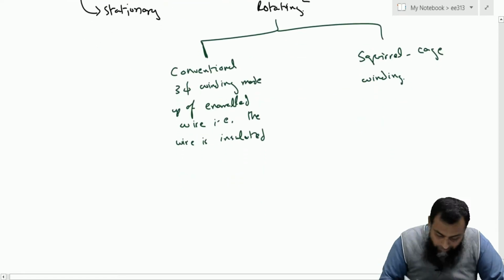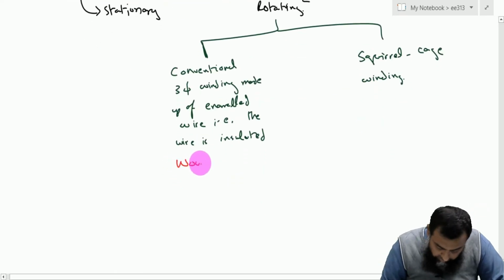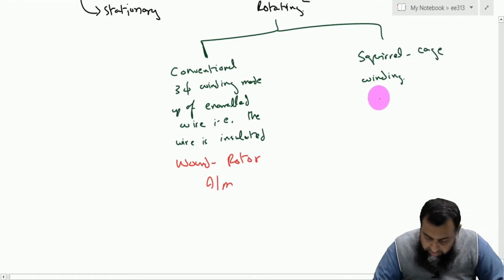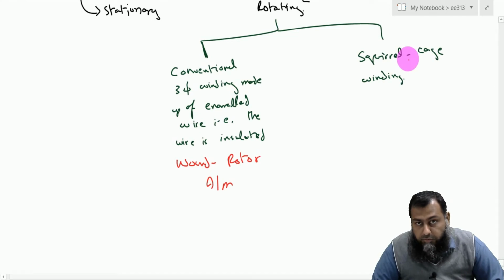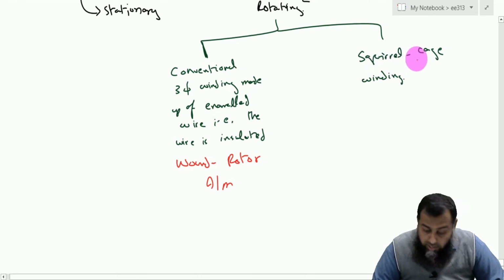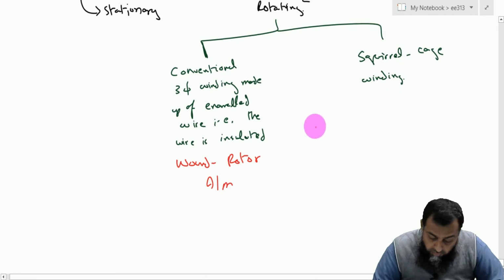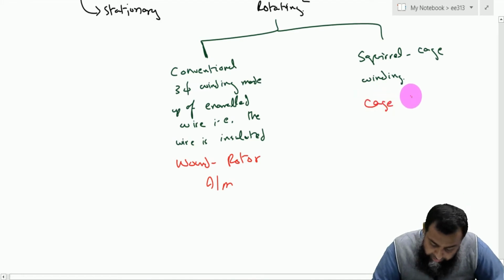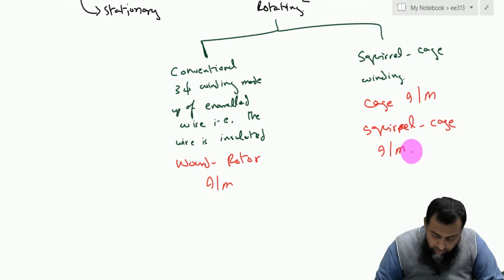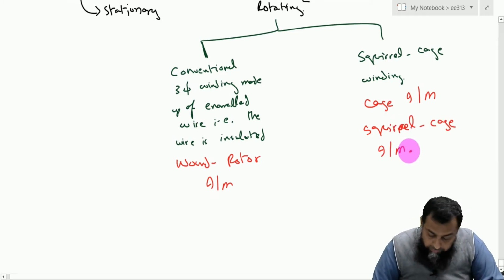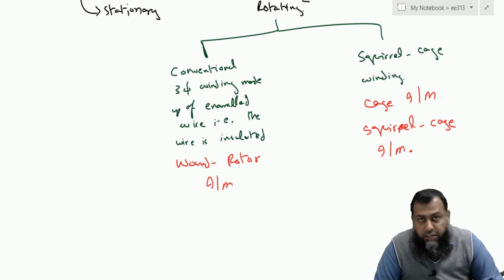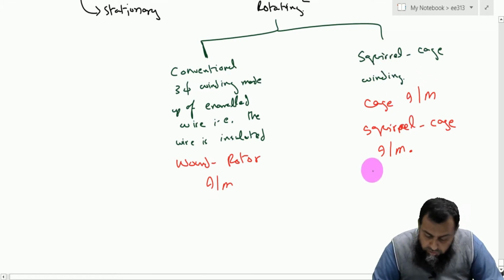This one is known as the wound rotor induction machine, whereas if the rotor winding is made up of just like a squirrel cage, the machine is known as the cage induction machine or squirrel cage induction motor. Between these two, the majority of induction machines used or manufactured in today's world belong to the squirrel cage winding.